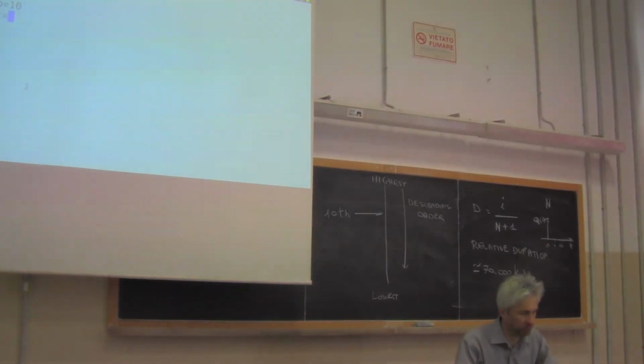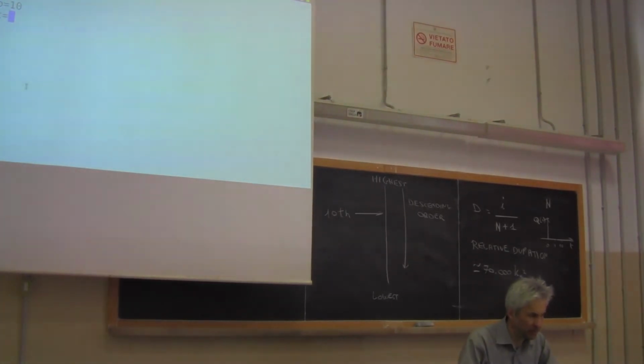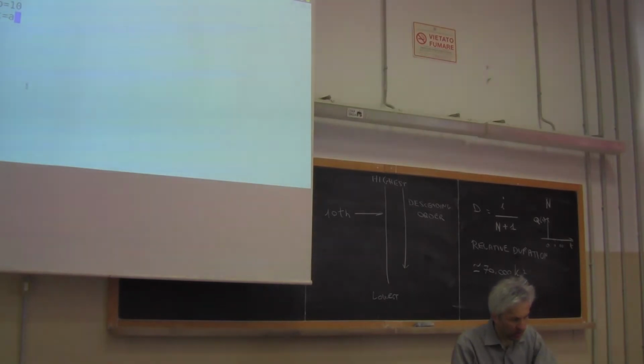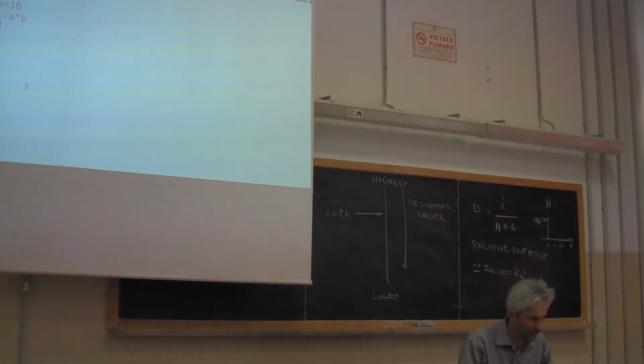No, sorry, C equal A times B. And then I remove by mistake A, B, and C. And let's suppose that this is a list of 400 operations. How to get them back?